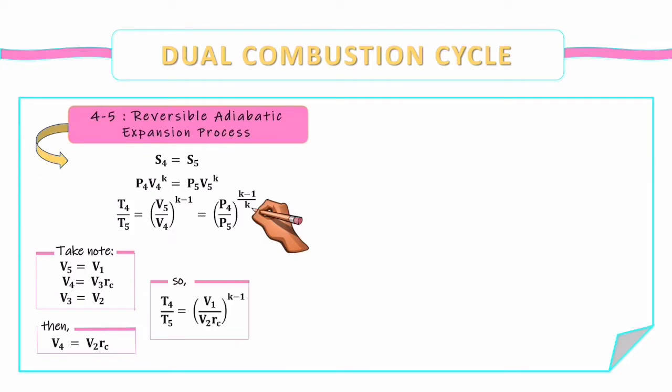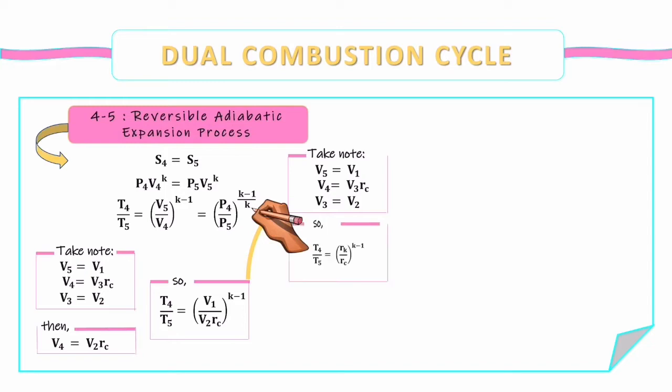Then T4 over T5 is equal to V1 over V2 RC raised to K minus 1. So T4 over T5 is equal to RK over RC raised to K minus 1.